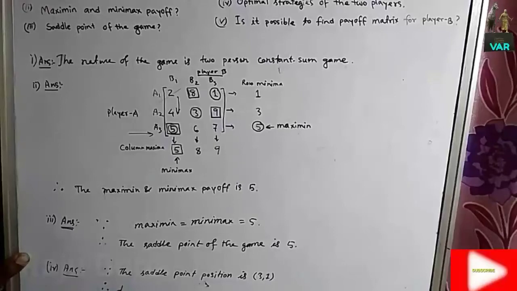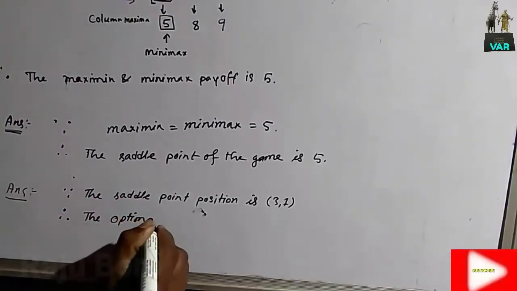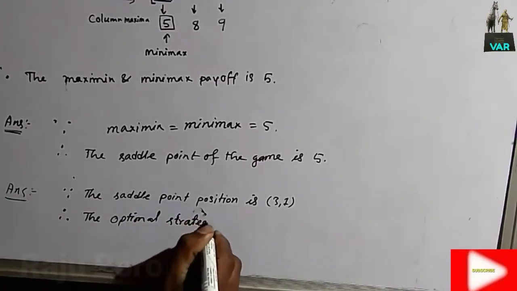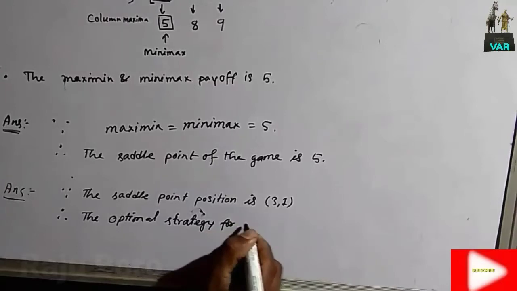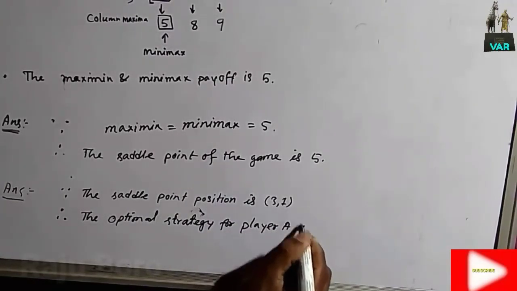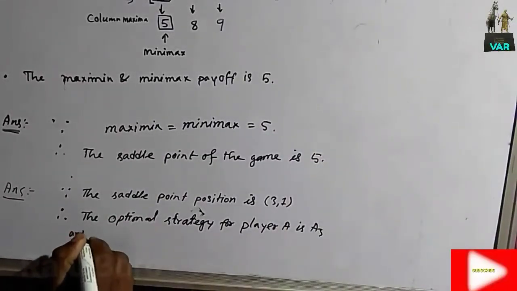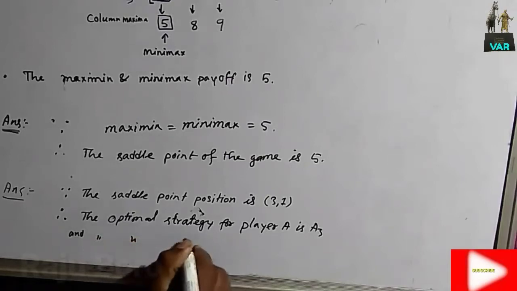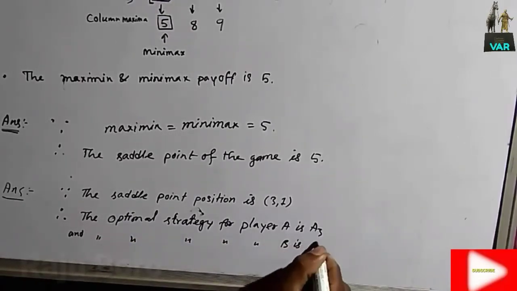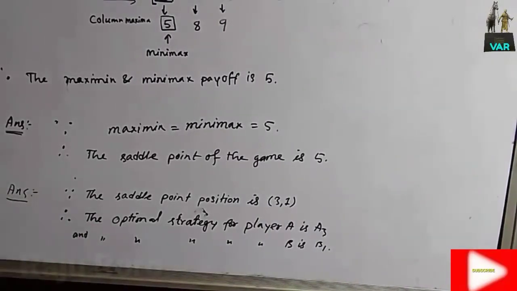Therefore the optimal strategy for player A is A3, and the optimal strategy for player B is B1. This is the answer for the fourth question.